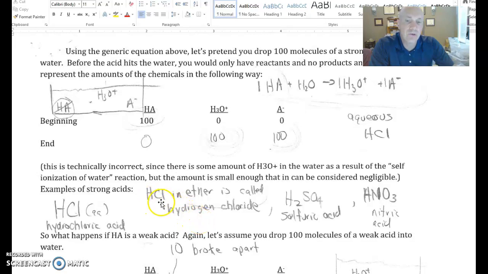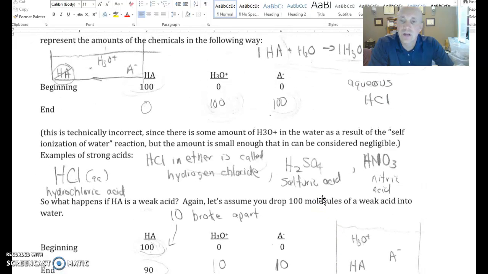Also, you could get HCl dissolved in ether, and if you ever get HCl as a solution in ether, you also just call it hydrogen chloride. Hydrochloric acid is specifically HCl dissolved in water, because that's what's necessary for this reaction to occur. Another example would be H2SO4, which is sulfuric acid, and the last one is nitric acid.